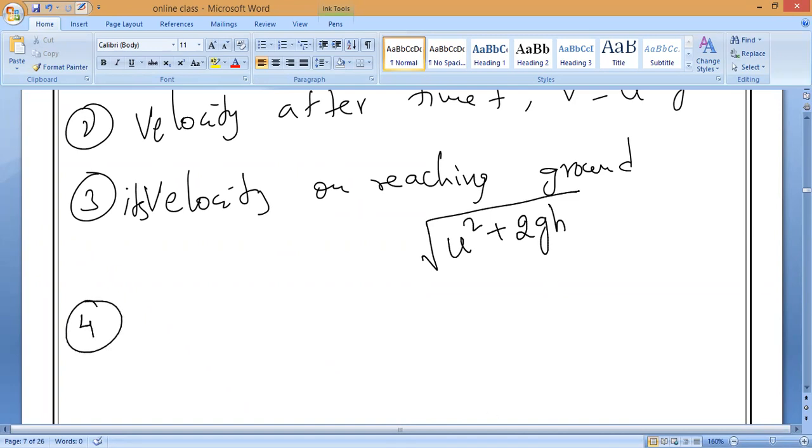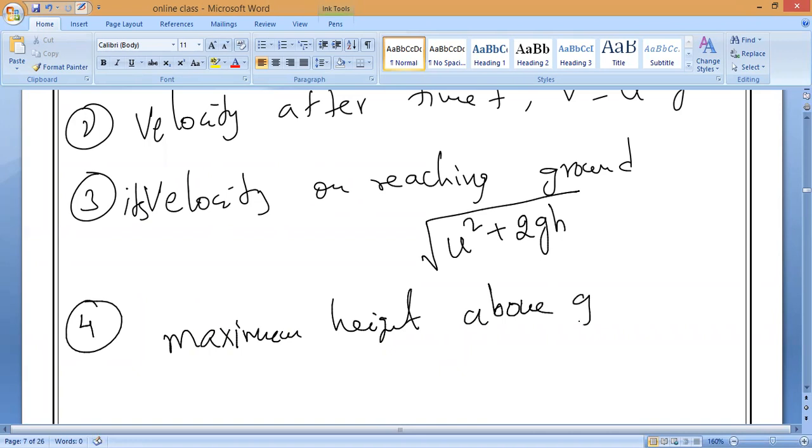Next formula: maximum height above the ground. Above the ground means, do we need to include the height of the tower or not?